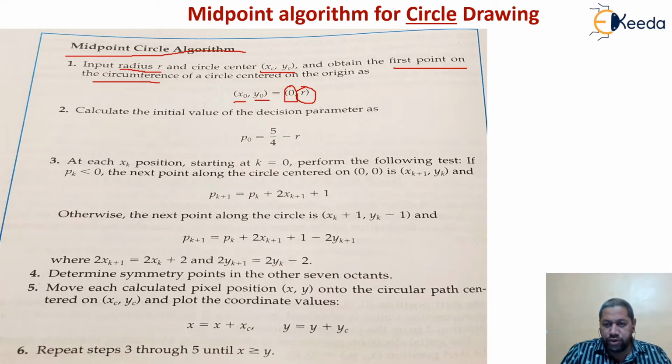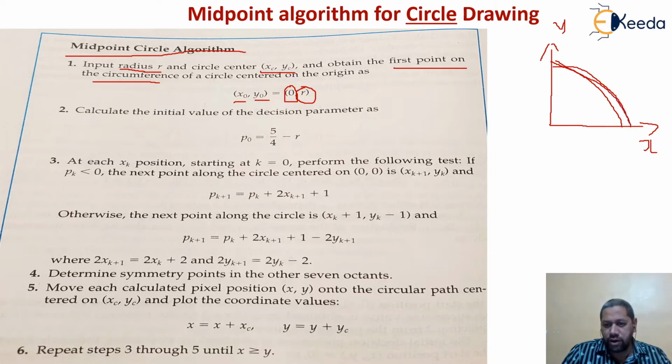Suppose this is my y axis and this is my x axis. Is it clear? Now suppose this is my circle, and I have the circle in one quadrant.